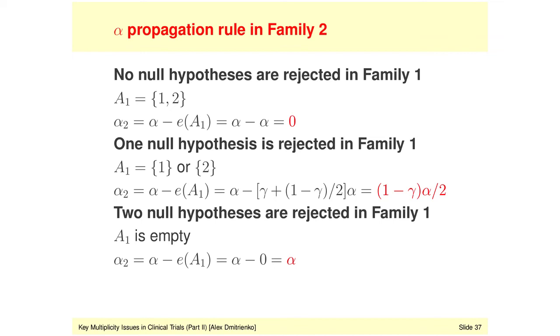And it's easy to show, using again the error rate function of the truncated Hochberg procedure, that alpha 2, the local level in family 2, is equal to (1 minus gamma) times alpha over 2. And in the last case listed on the slide, when the index set A1 is empty, all of the alpha will be transferred to the secondary family.